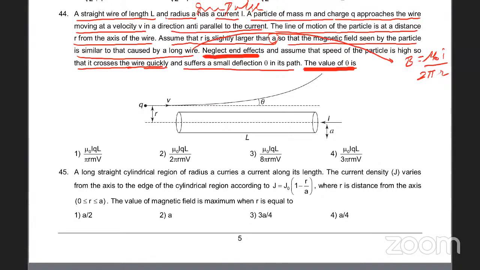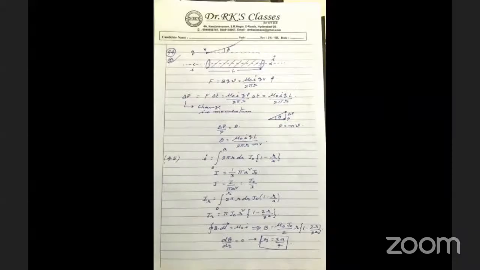So let me take my diagram. Look at the diagram.